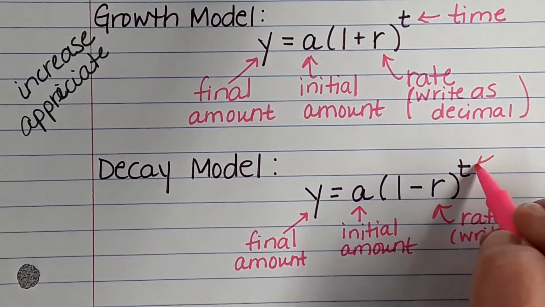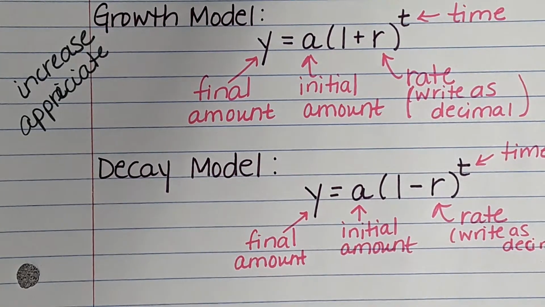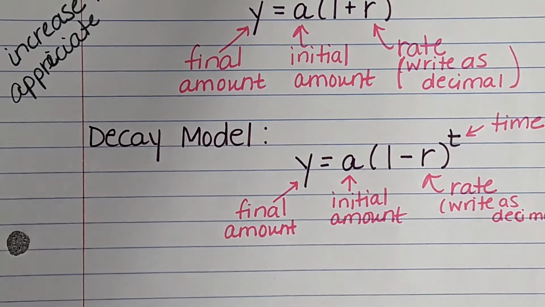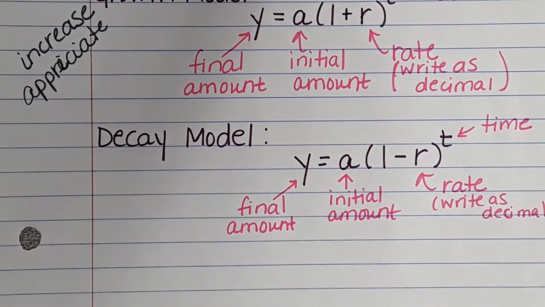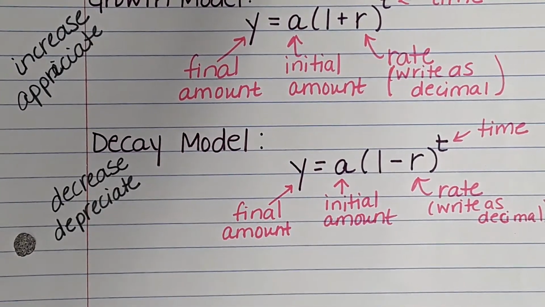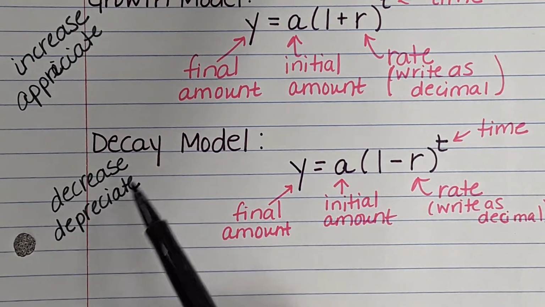And t is time, and it's usually going to be in years. So I just want to point out that for the decay model, you're looking for words that say decrease or depreciate, okay?